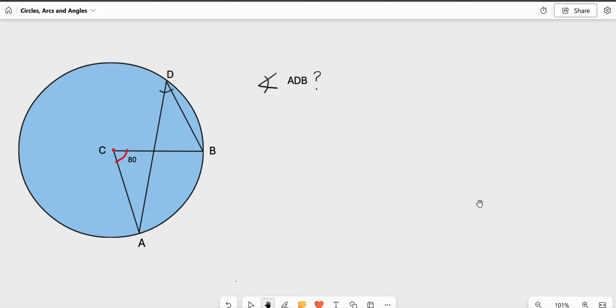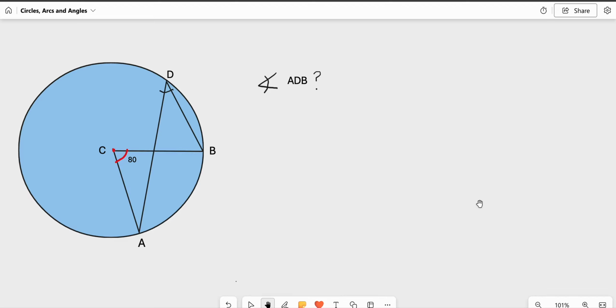Now remember, always the most important thing is to know what type of angles we are being given. And then depending on what type of angle we are being given, we can apply the theory.